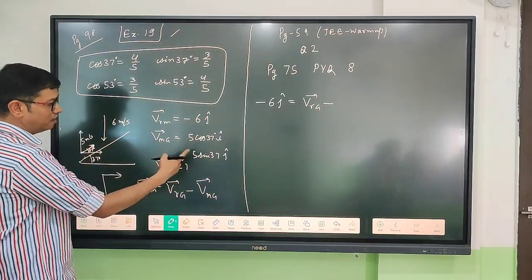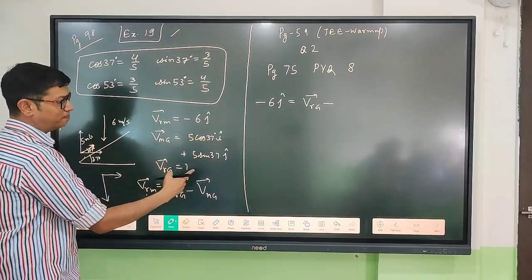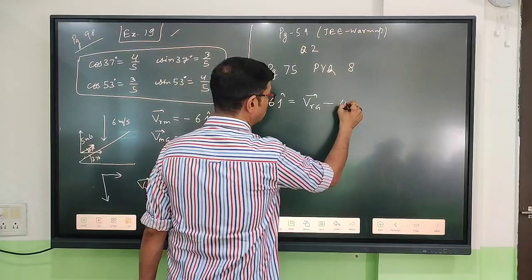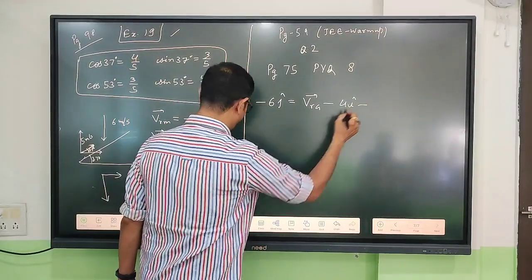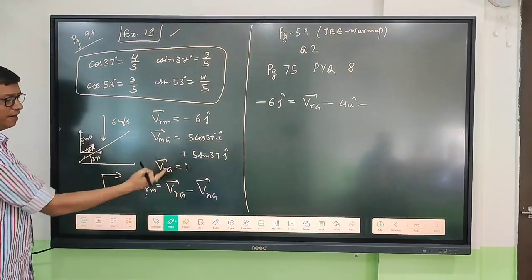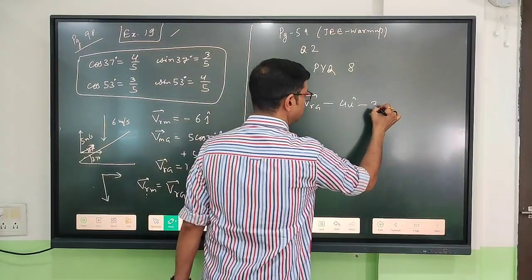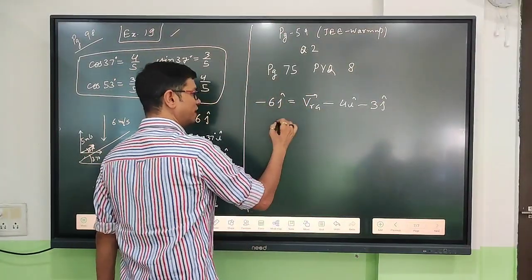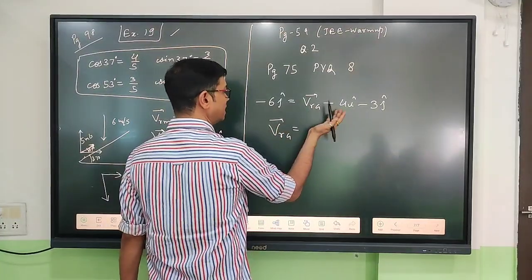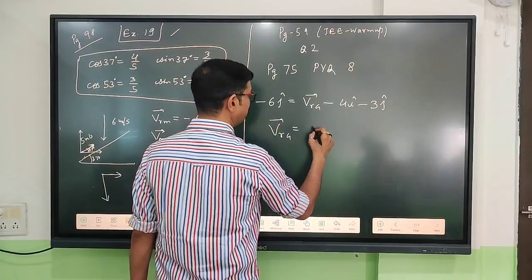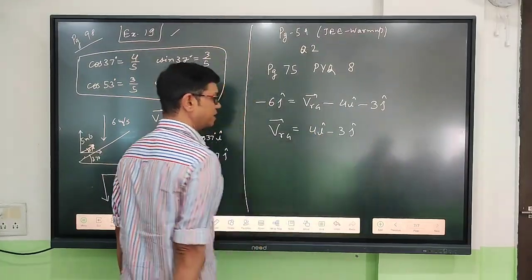So VMG, see here cos 37 is 4/5, so this will be 4 i cap, minus 4 i cap and this will be minus, because the entire thing is getting minus, both get minus. So minus 3j cap. So now just do transformation. VRG would be -6j plus 3j. So this will be -3j and plus 4i. So 4i cap minus 3j.